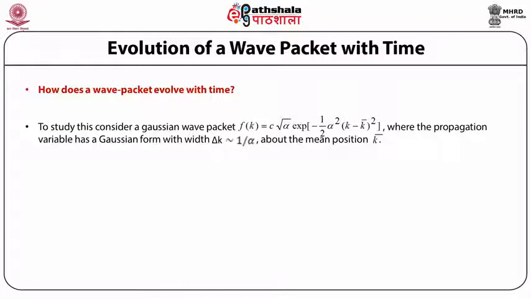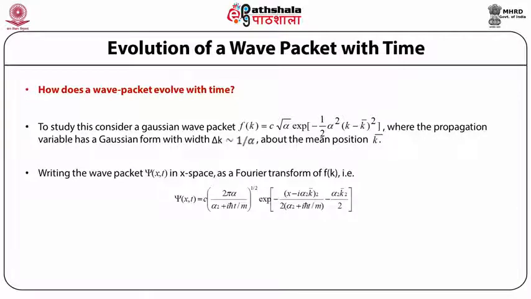Here, the propagation variable has a Gaussian form with the width of the wave number, that is delta k, approximately equal to 1 by alpha about the mean position k bar.